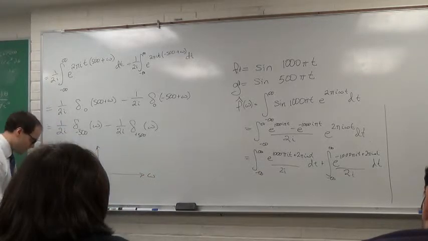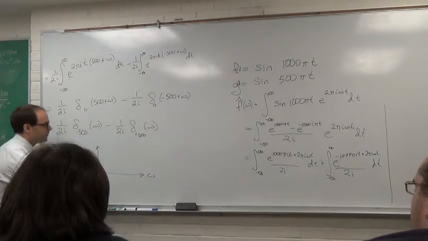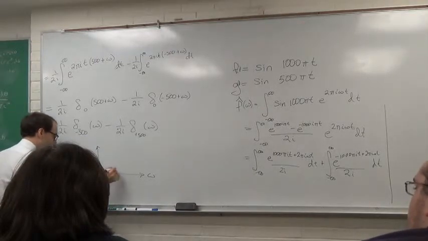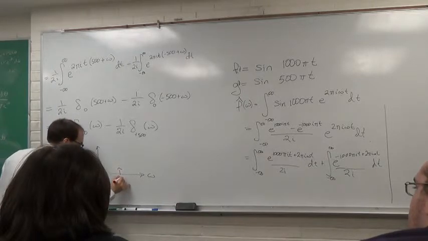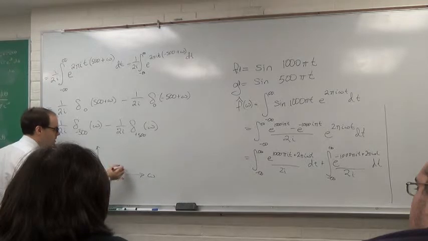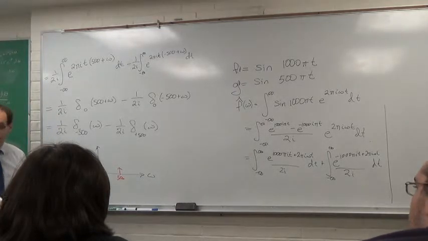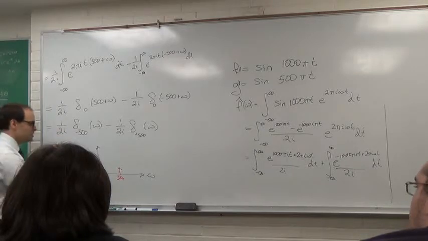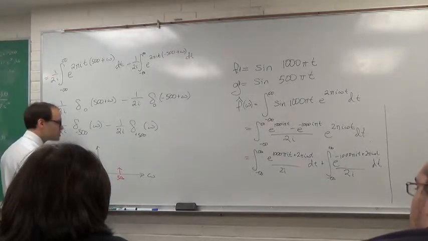So if you will, in that diagram I just had a moment ago, here's omega. So F looks like that. This height here, I'm showing you the magnitude because I've got imaginary stuff. So this is the magnitude of f. Now what's g look like?